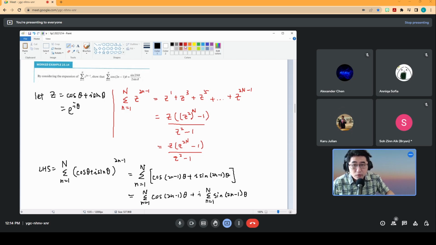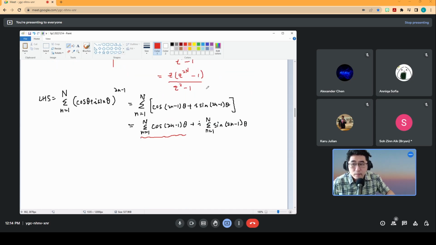Yes. Okay. So to answer the question, we are only looking at the real component of it. The question here only requires us to look at the real component, therefore we are searching for the real component of this term. On the right hand side, I have z^n minus 1 over z squared minus 1.